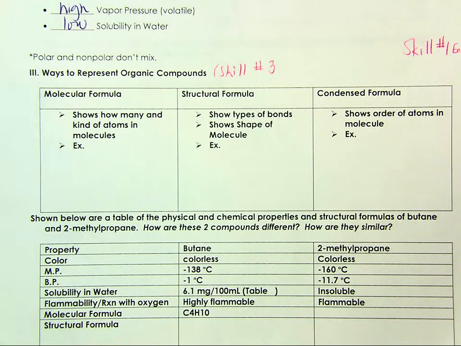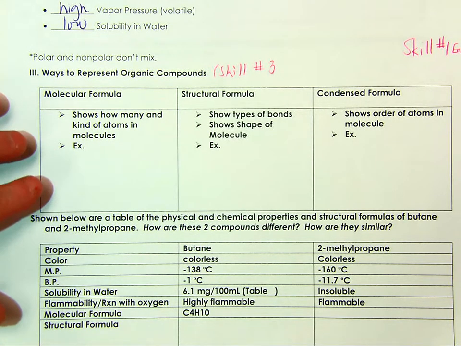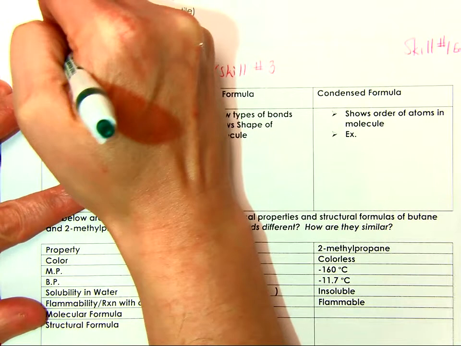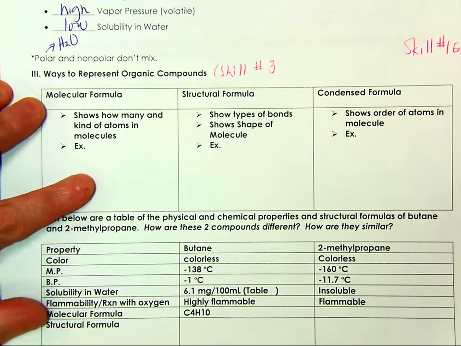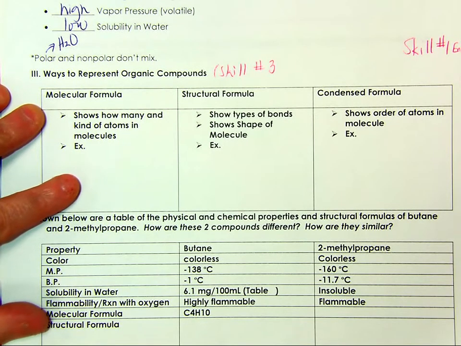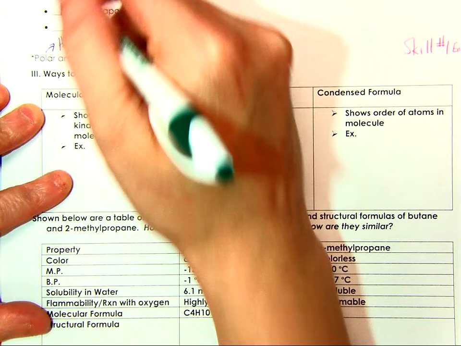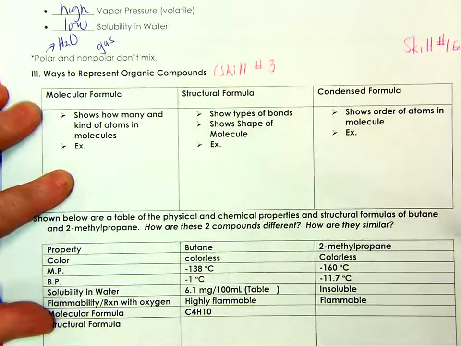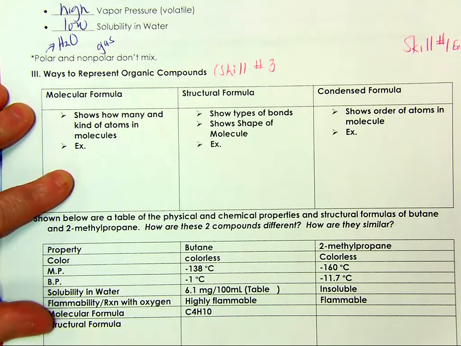So think about it. We do not want water in our gas tank. Water is polar. And what did we say an organic compound was that you go get at the gas station? That's right, gas. So water and gas don't mix, just like water and vinegar don't mix.